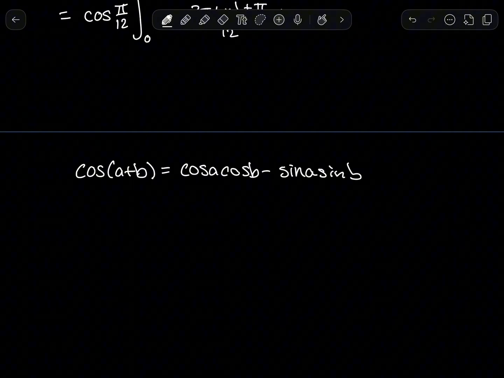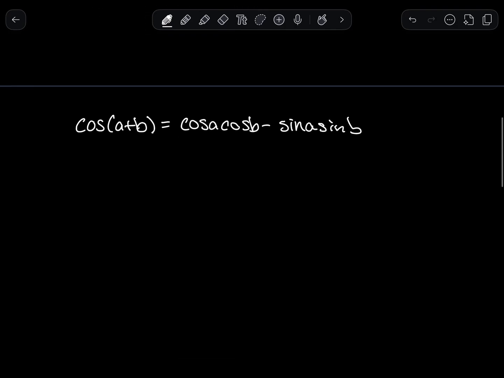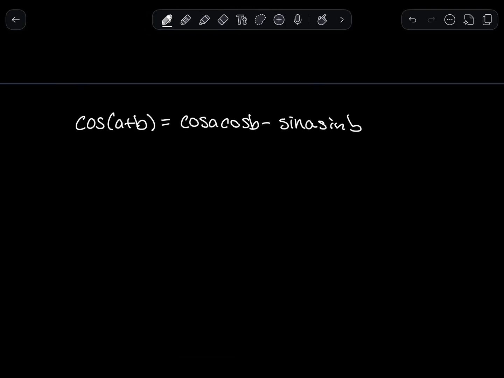So for our integral we will have cosine pi by 12 times the integral from 0 to 3 of cosine of pi by 6 floor of x times cosine of pi by 12.